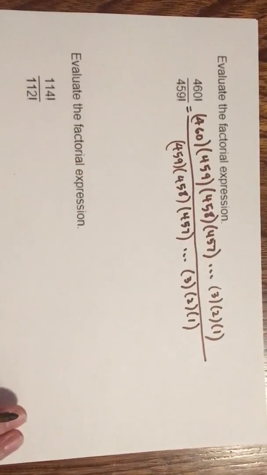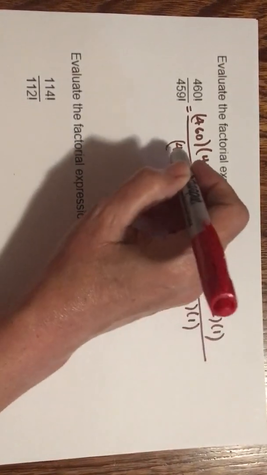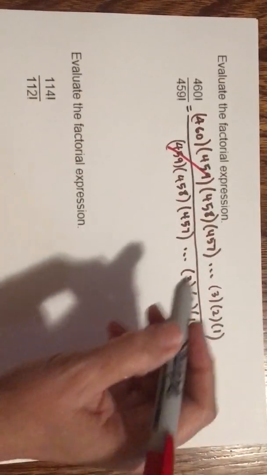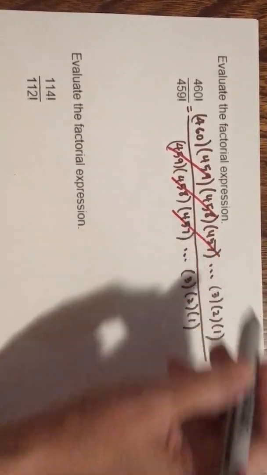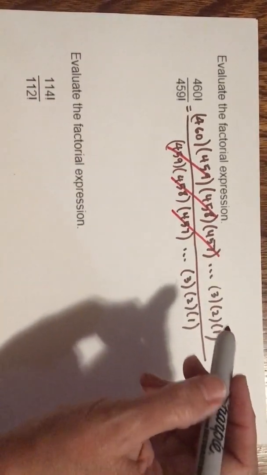And once you have it written out like this, then it's easy to see that some of these numbers are going to cancel, like 459 with 459, 458 with 458, 457 with 457.